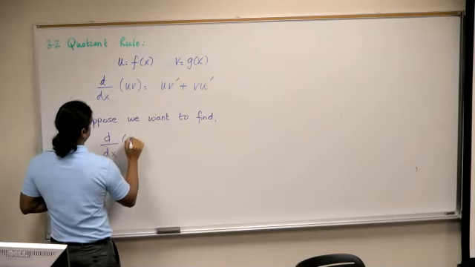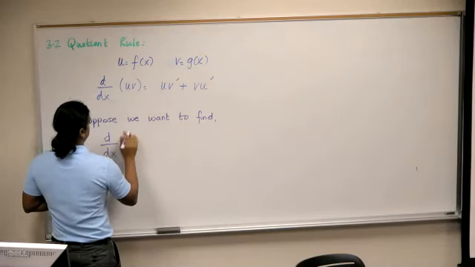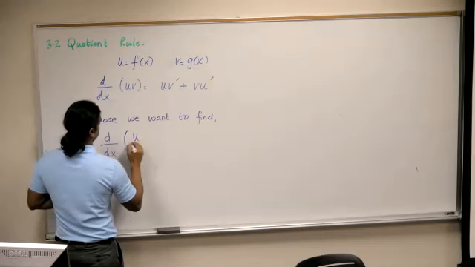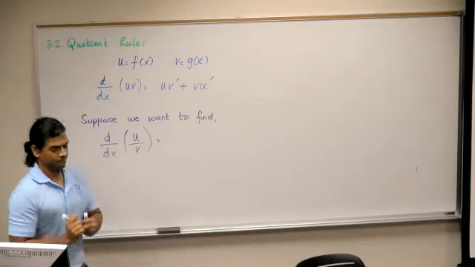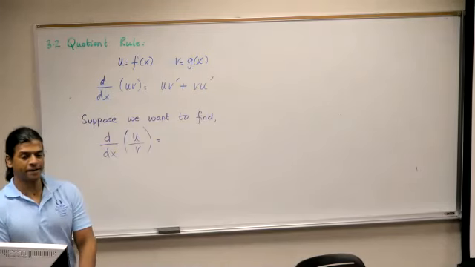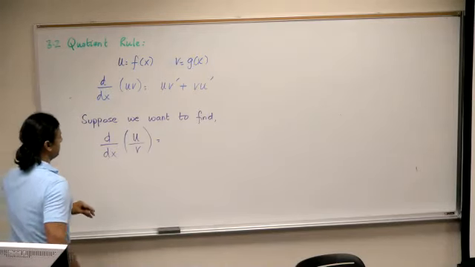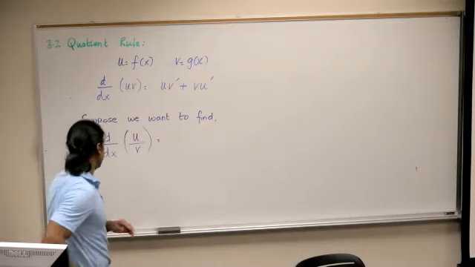We were talking about cosine and sine and all those, just now applied to primes. We have u divided by v. Well, the rule is quite simple.